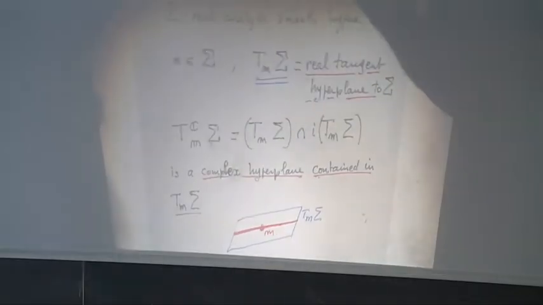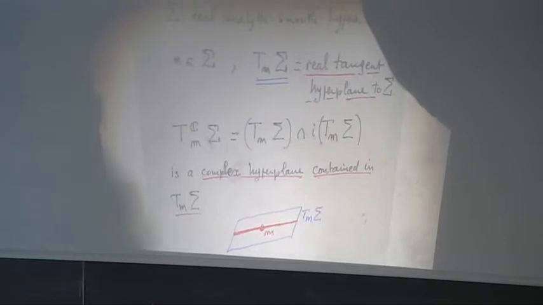So this complex hyperplane is contained in the real tangent space, and it is called the Levi tangent space, or the complex tangent space to sigma.